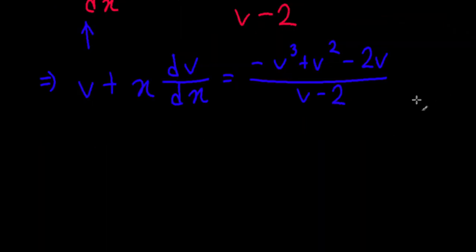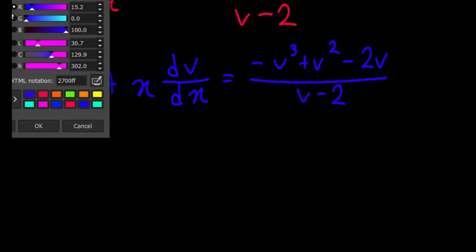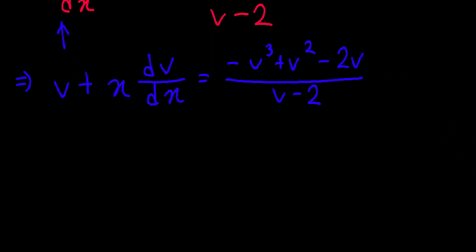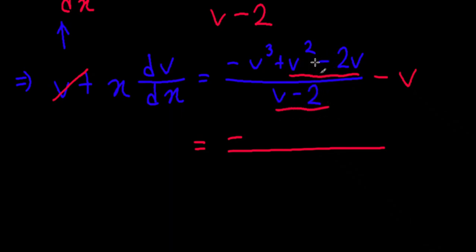Now one thing, if we subtract v from both sides, I think something interesting is going to happen. You can see that this portion right here is actually a multiple of this. It's just this thing multiplied by v. So you can actually bring out a v here.